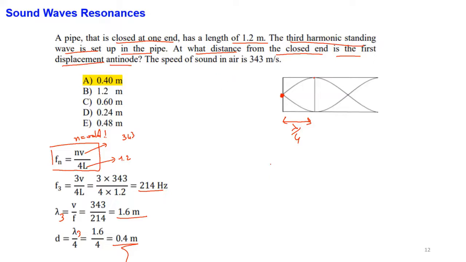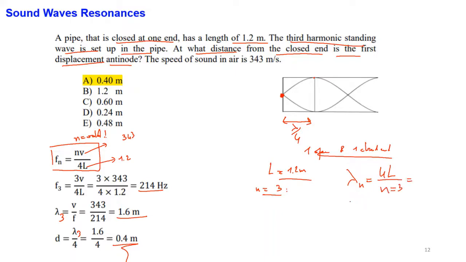So here I gave you L, 1.2 meters. Another way, okay? N, which is 3. So I know that it's one open and one closed end. Basically I know that lambda n is just 4L divided by n, but here n is equal to 3.